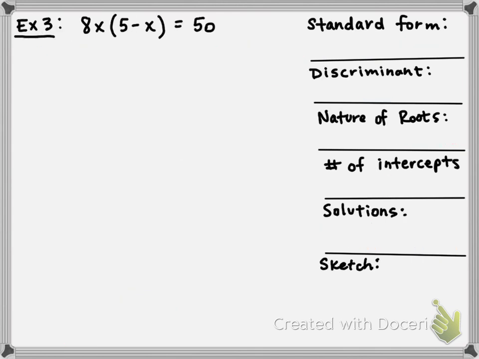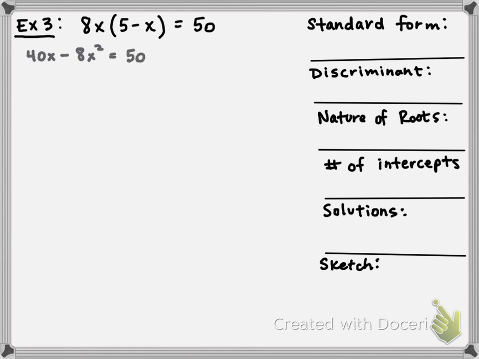Example 3. For this example, again, the question is get it in standard form first. So let's distribute, right? We got 8x times 5, or 40x. We have 8x times -x, which is -8x squared, and that equals 50.